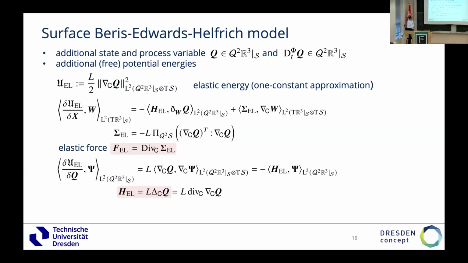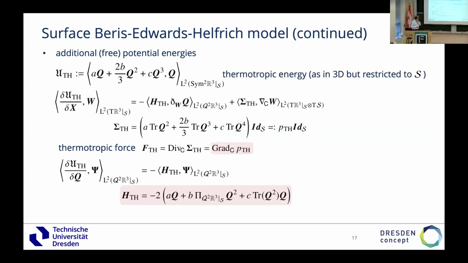And then we need to do these variations with respect to the state variable, with respect to the parametrization X here. Again, out of this procedure, we get an elastic force. And we have now our new state variable, it's our Q tensor field, and that gives us the molecular force. Okay.